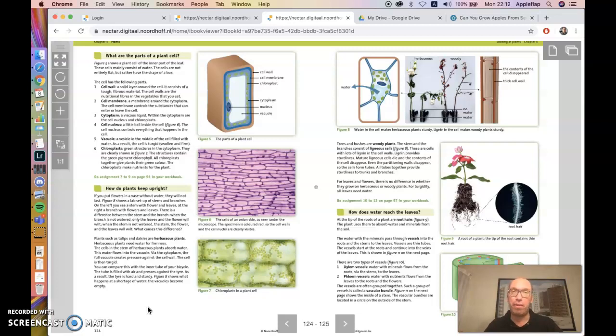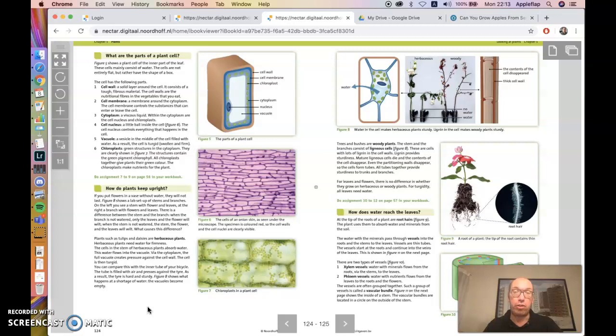And you might remember from the first bit about plants that in the leaves there are two kinds of vessels. There are vessels which transport things that the plant made itself, and there are vessels which transport things that the plant didn't make itself. Those vessels have names. The one that transports things that the plant made itself is called phloem, and the one which transports the stuff that it took from the soil is called xylem. Okay.